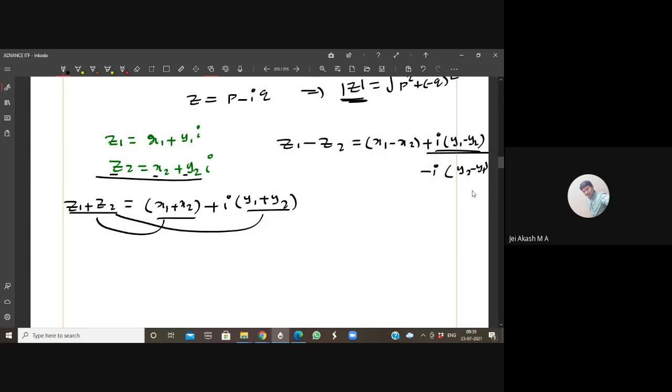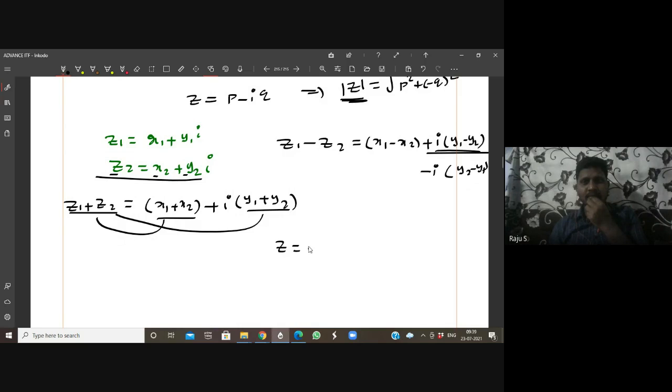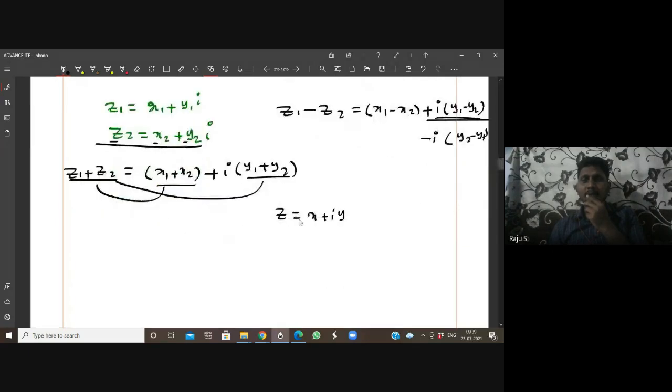Sir, the general form of complex numbers: Z is equal to x plus iota y. The complex number can always be denoted by Z. Remember that.